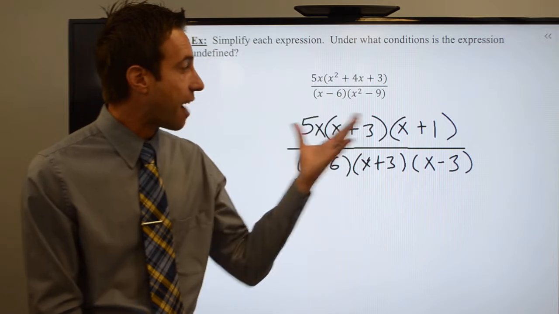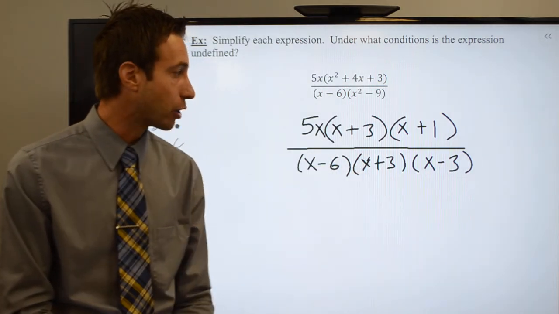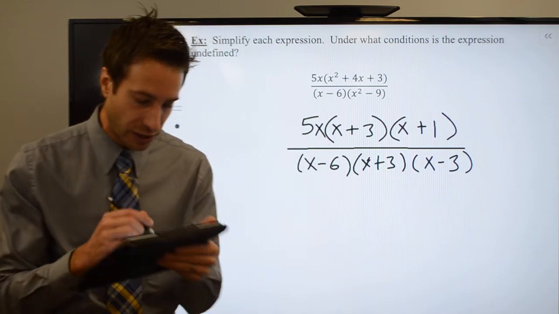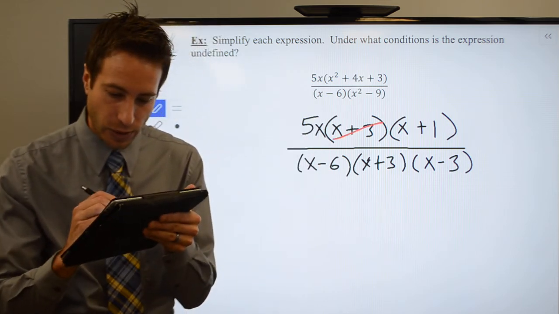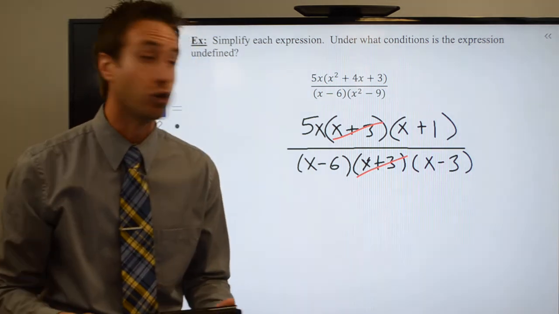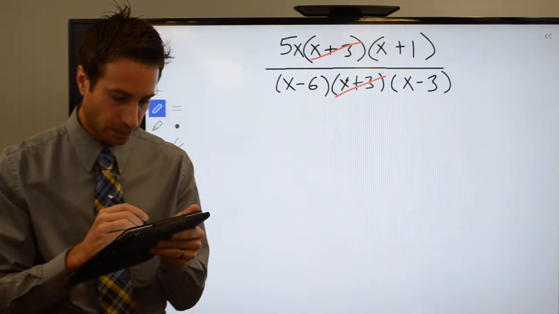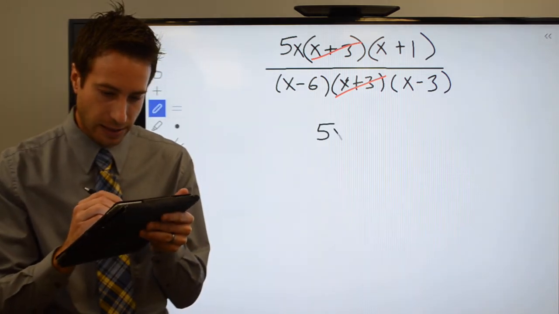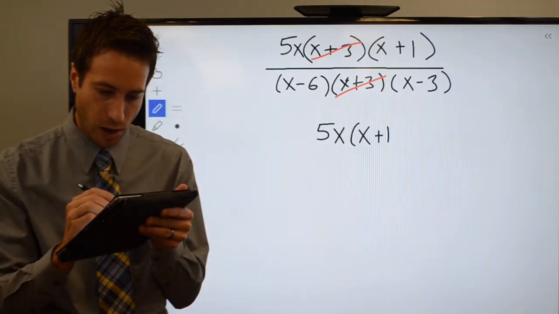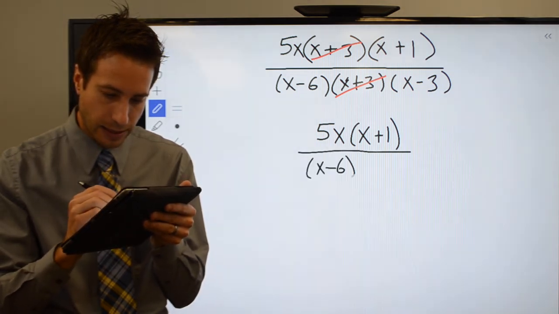Anyway, I have now factored the numerator and the denominator. Now I look for those GCFs, and I can clearly see I have an x plus 3 in the top, x plus 3 in the bottom. Those are going to drop out, and I'm left with 5x times x plus 1 all over x minus 6 times x minus 3.